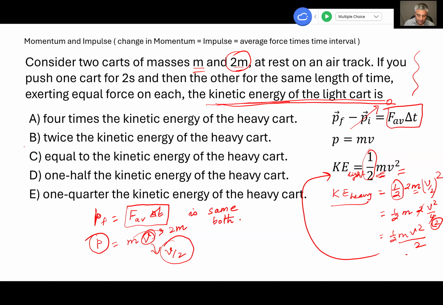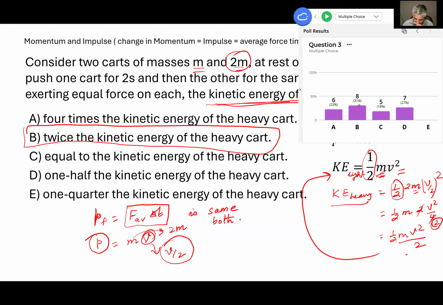Although it has smaller mass, its kinetic energy is double because the speed doubled. Although the mass is half, the kinetic energy doubled because the speed doubled. That's how it worked out, okay? So that means B is the correct answer in this case.